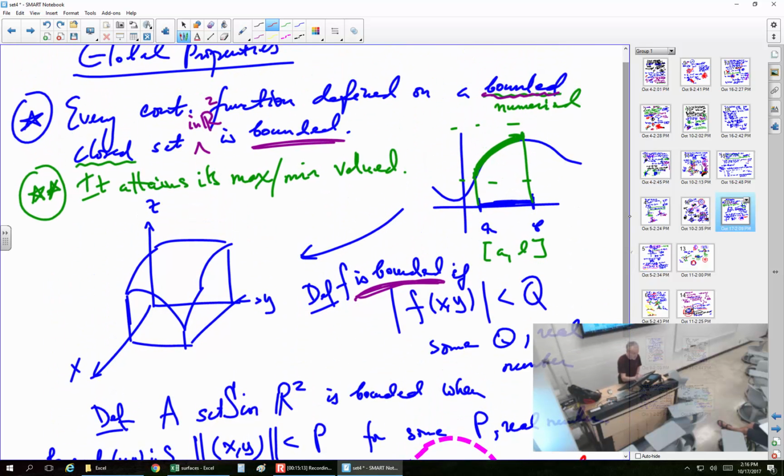The last concept here is closed sets. Okay, so it is an analog, just like boundedness of a set is an analog of this: A and B is bounded. A and B are numbers, so they are not infinite.